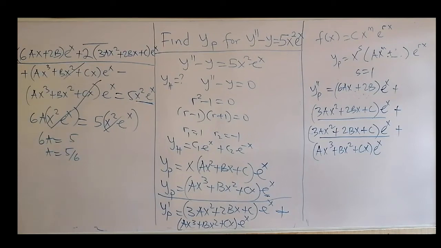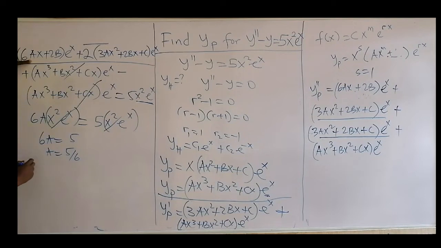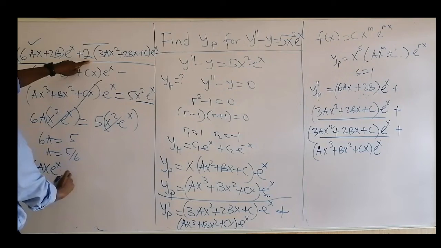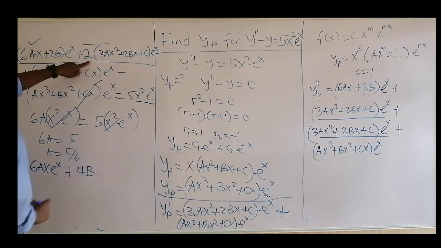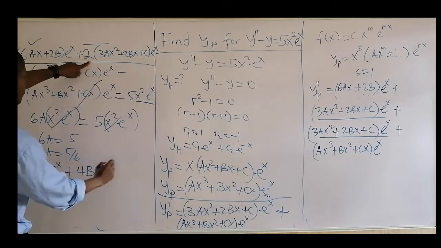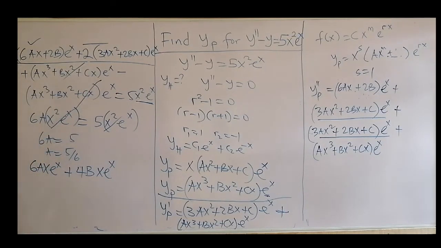Okay, then we still have other values. We have b, we have c. So what we do now is to equate. Let's equate the coefficient of x: 6ax e^x is here. Another one is also here, plus 2 times 4b, that's 4bx e^x, equal to what?